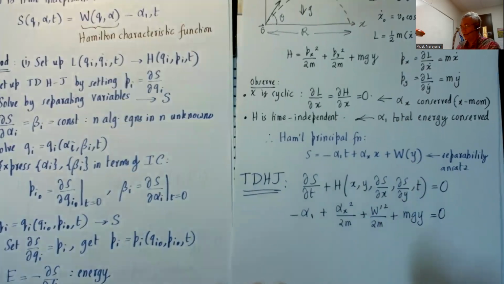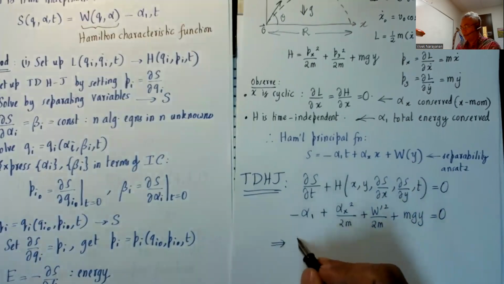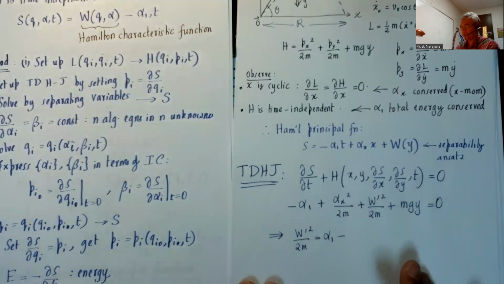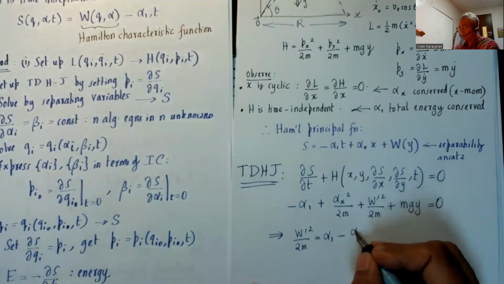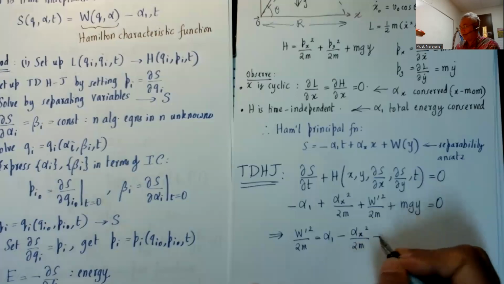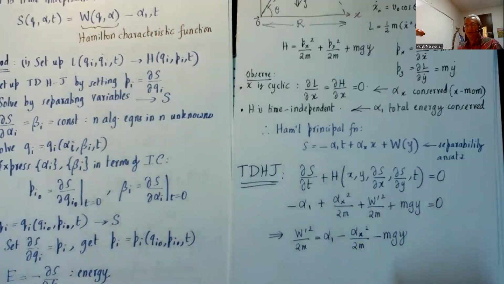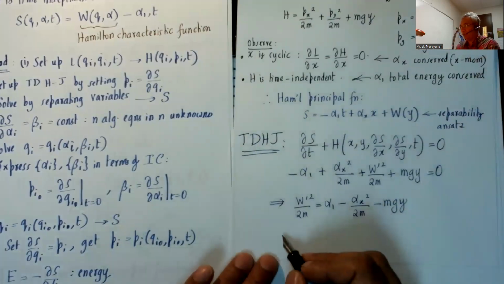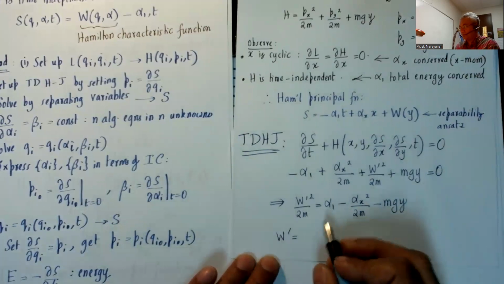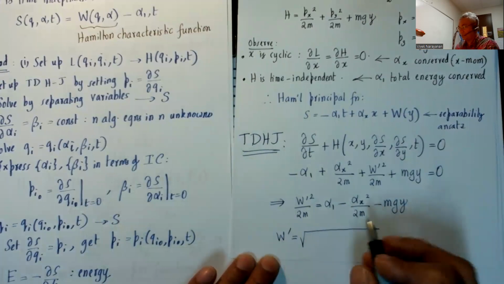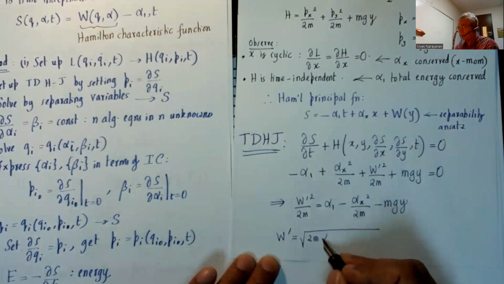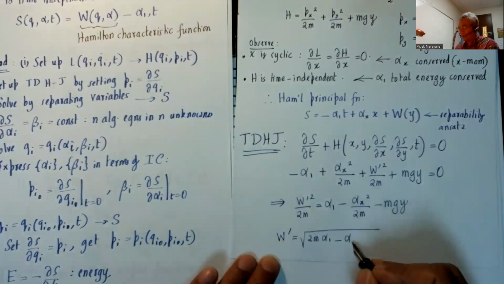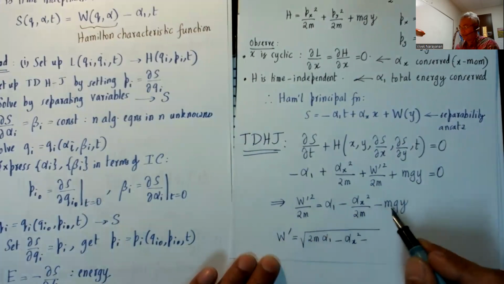So that's an equation I can do something with. In fact, I can solve for W prime. So W prime squared over 2m equals alpha 1 minus alpha x squared over 2m minus mgy. I'm taking everything to the other side other than W prime squared over 2m. I can solve for W prime by taking the square root and multiplying by 2m.